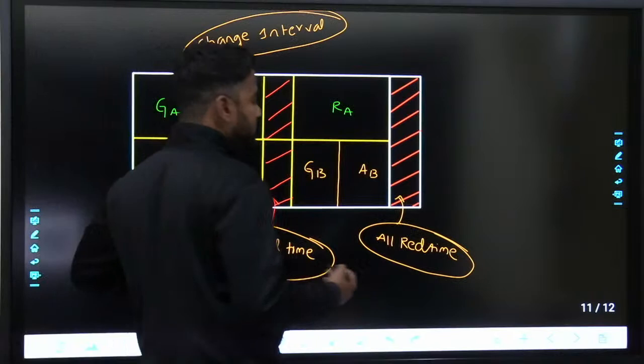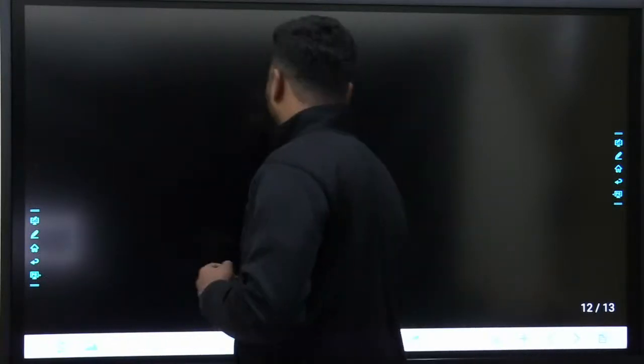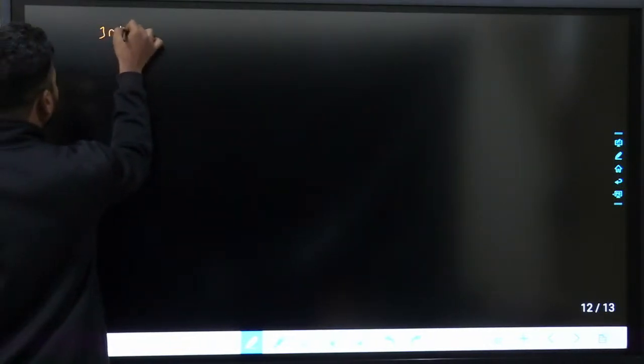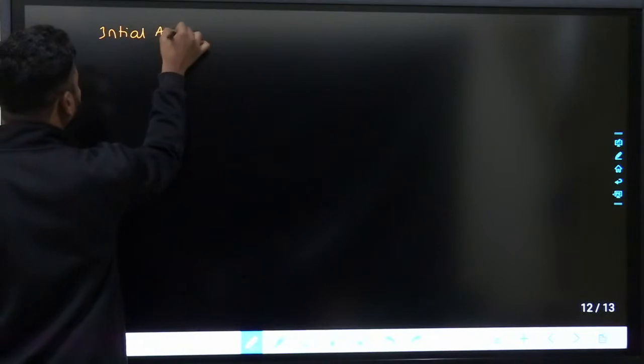Fine. So this is amber time. Next one is initial amber time. Sometimes initial amber is also provided. Initial amber.